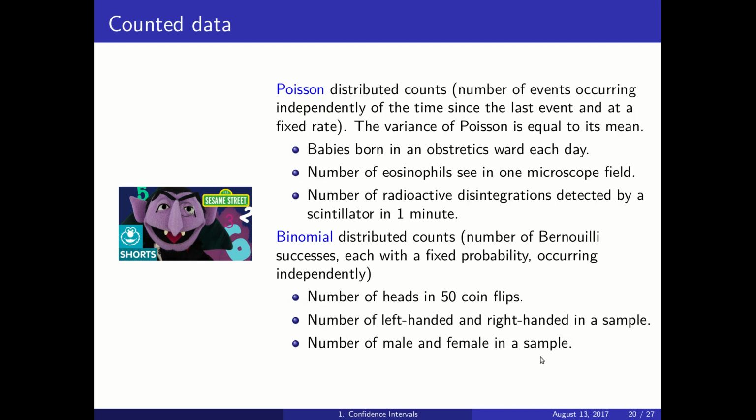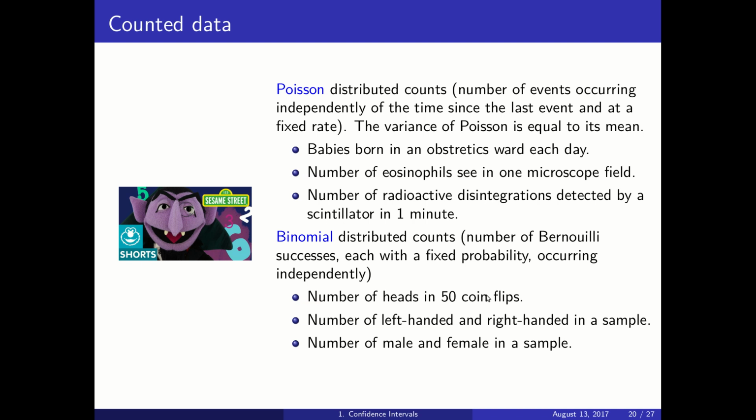So the Poisson and the binomial are rather useful, but there are not so many free parameters that we can tune. The Poisson can only tune the rate. For the binomial, once you have a fixed number of events, like 50 coin flips, the only parameter that you can adjust is the probability.